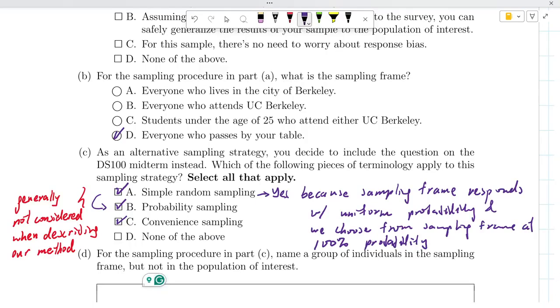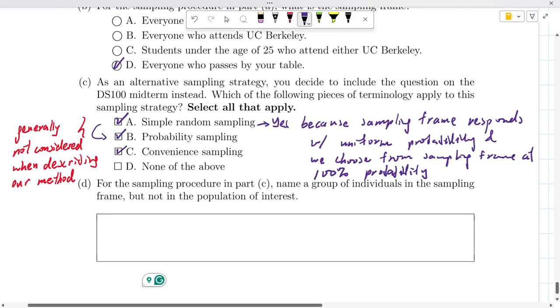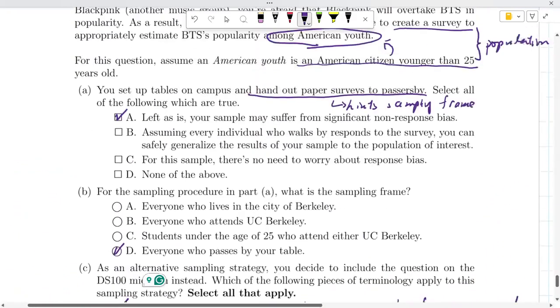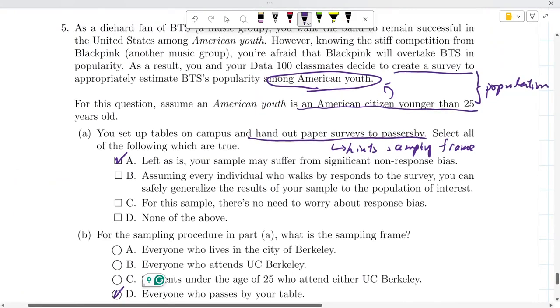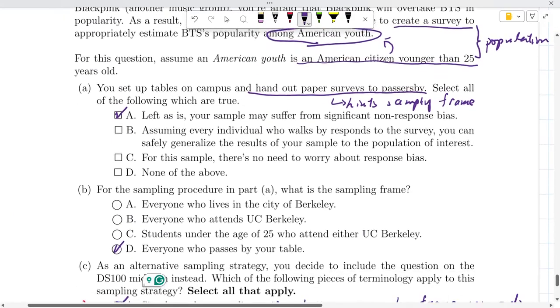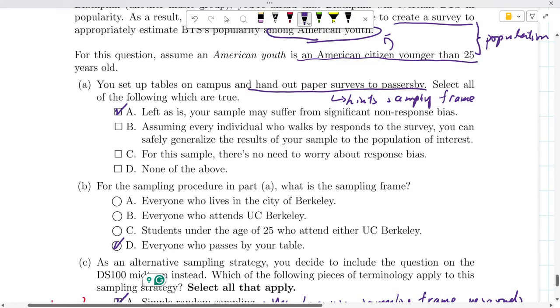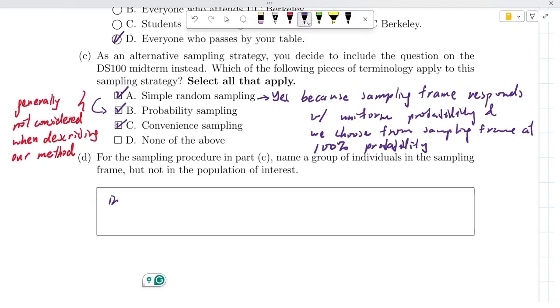All right, so last but not least, let's do some critical thinking. For the sampling procedure in part C, where we just take every single midterm taker, name a group of individuals in the sampling frame, but not in the population of interest. The population of interest are, once again, American youth, so that's American citizens younger than 25 years old. So we can attack this on multiple degrees. For example, you can take the midterm without being an American citizen, so maybe you're an international student.